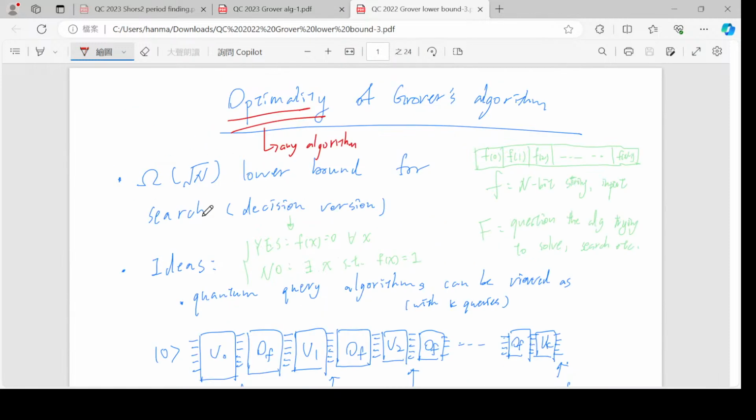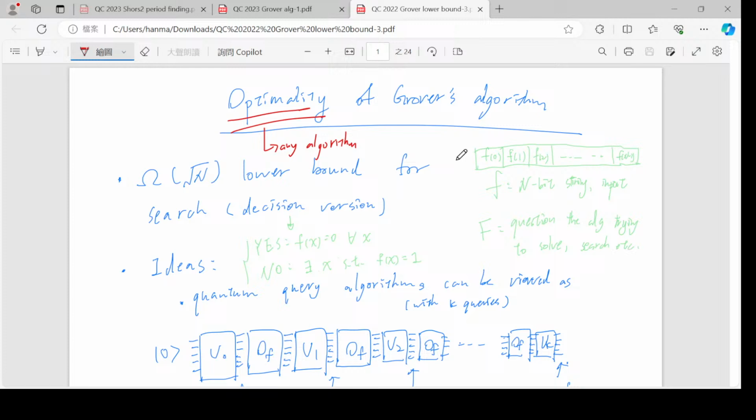To make this look a bit non-trivial, think about it. It's a bit weird because a quantum query can query things in superposition. Remember our oracle is like a black box, the truth table of this function, from f0 to f of n minus 1.